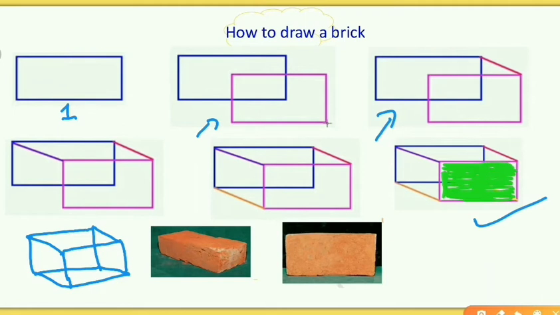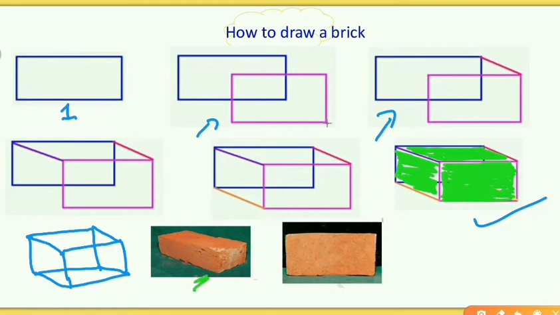This is the face we see. Because of this we cannot see the back face. This is the face of the brick which we can see. This is the other face of the brick which we are able to see. And this is the third face which we can see of the brick.